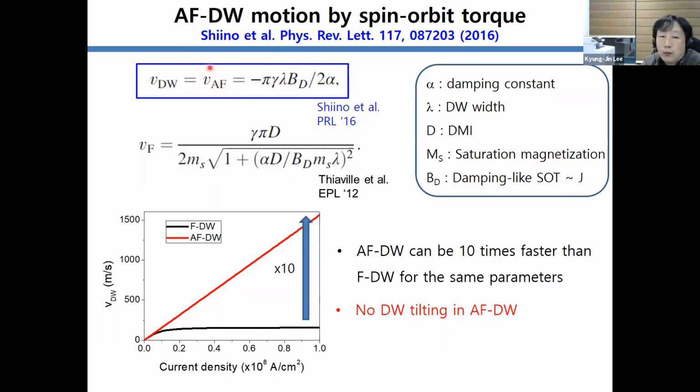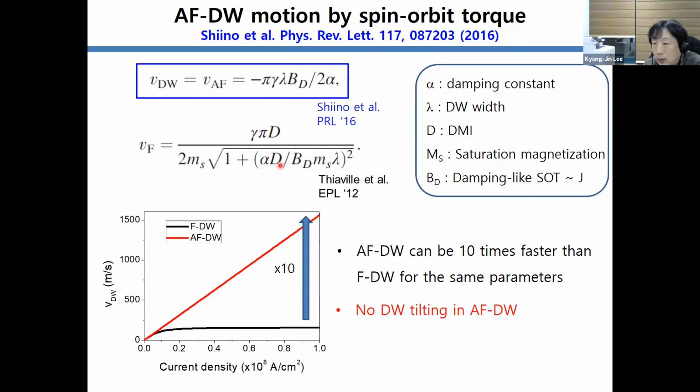The antiferromagnetic domain wall velocity is proportional to B sub D. Here B sub D is the magnitude of the damping-like torque, and of course that is linearly proportional to the current density.